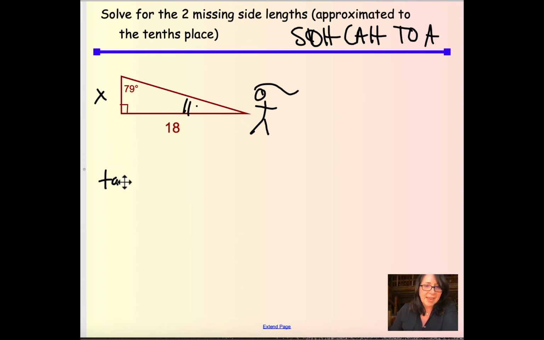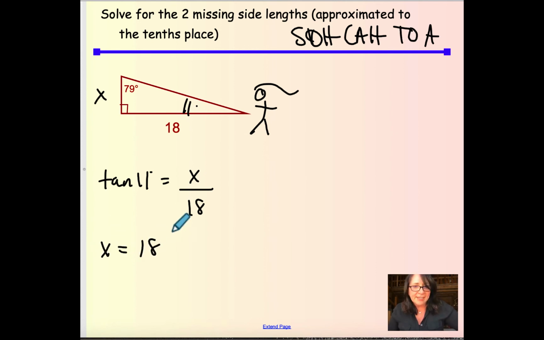Tangent of the angle is equal to the opposite side over the adjacent side. Now remember, not a degree. Remember that the adjacent side is the side you can reach out and touch. The other side is the hypotenuse, but actually we're not even looking for the hypotenuse yet. Cross multiply, x equals 18 times tangent of 11.